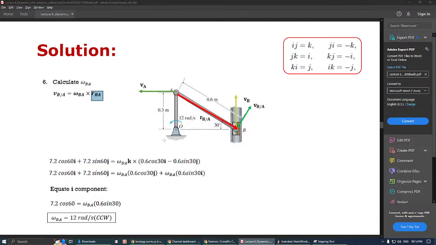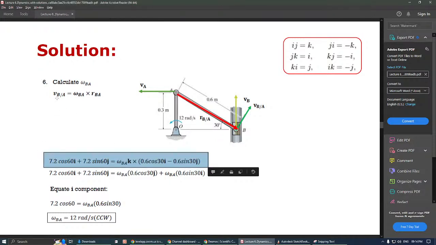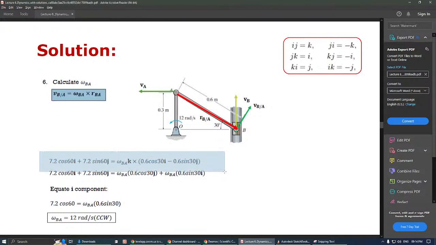K cross I is positive J. K cross J is negative I. Yes, correct. You just need to write this equation down. From here we get this equation.